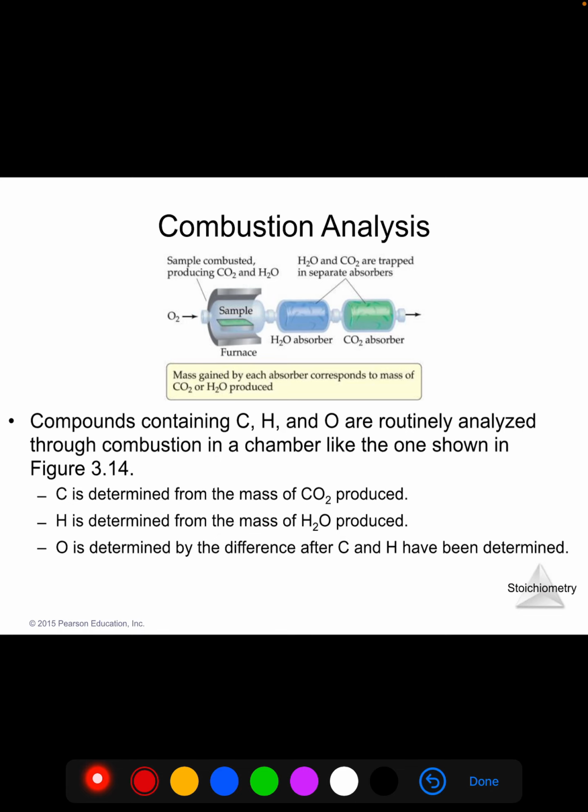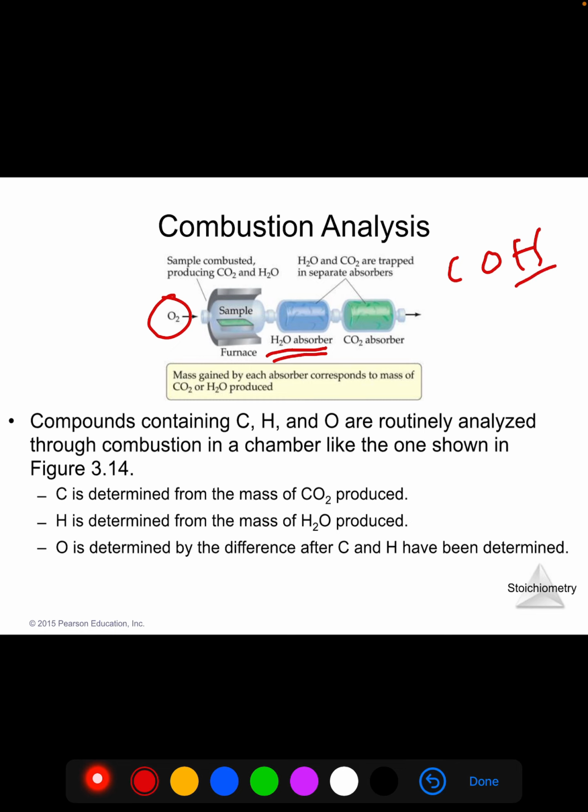And some elements are easy to determine their composition if there are certain compounds in them. For example, a compound is known to have carbon, oxygen, and hydrogen. And when you burn it in the presence of oxygen, you make water with the hydrogen, and you can absorb that and weigh how much water is produced.